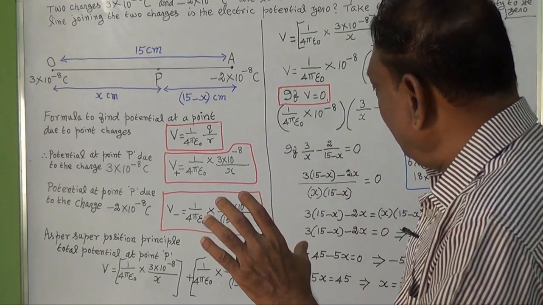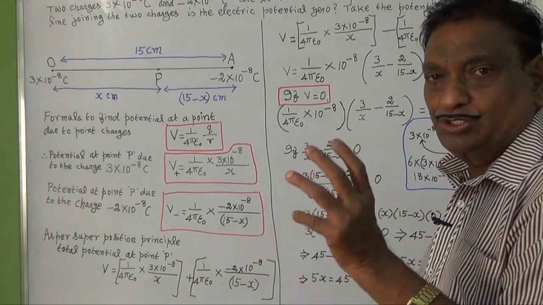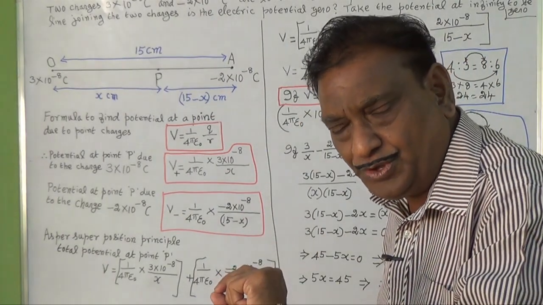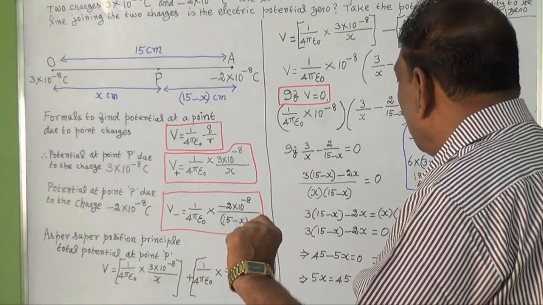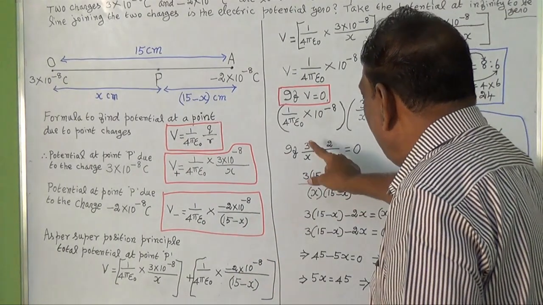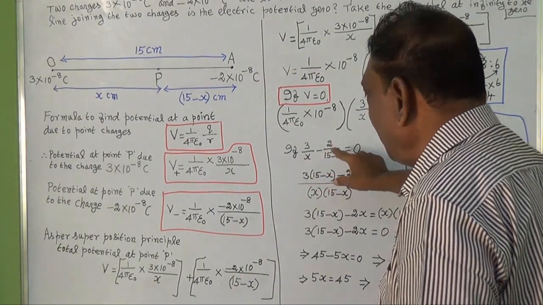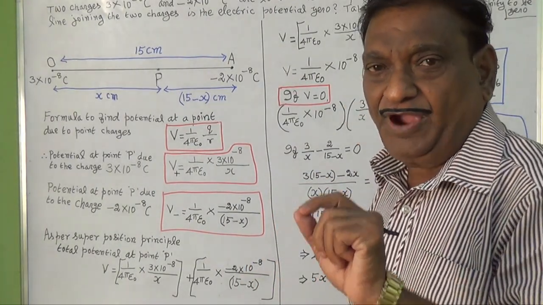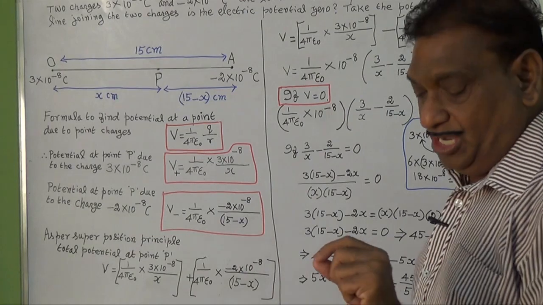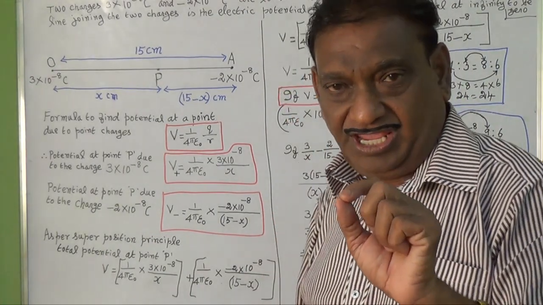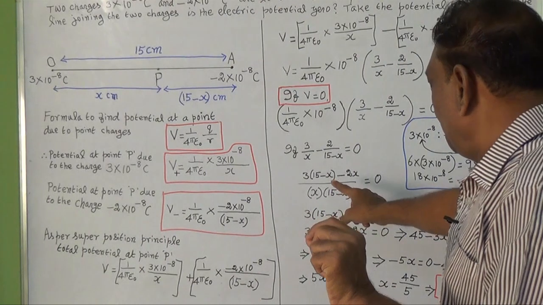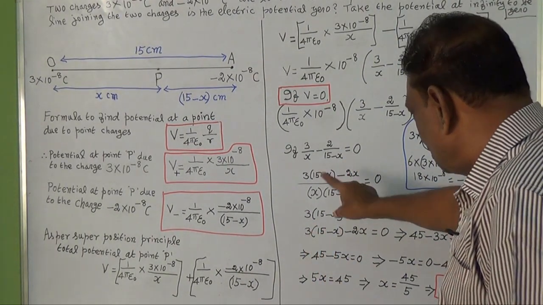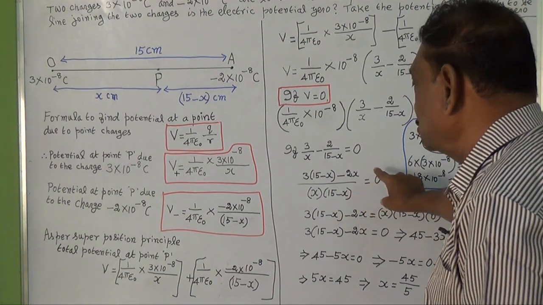On seeing the left side, there are two terms. The first term is a fraction and the second term is also a fraction. So how can we find 3 by x minus 2 by 15 minus x? We can find this value by finding the LCM. Now the equation obtained is 3 into 15 minus x minus 2x by x into 15 minus x equal to 0.